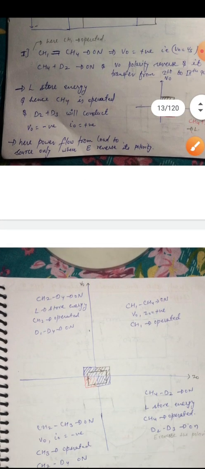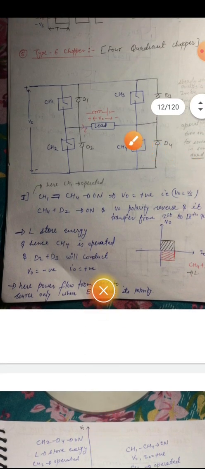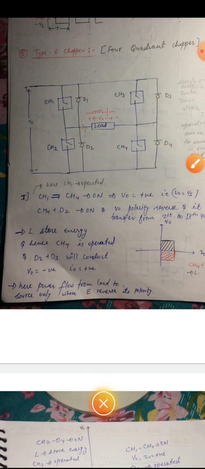Now it will get discharged through D3 and CH1. This is what happened in this mode. Here also you can see the polarity will remain the same.